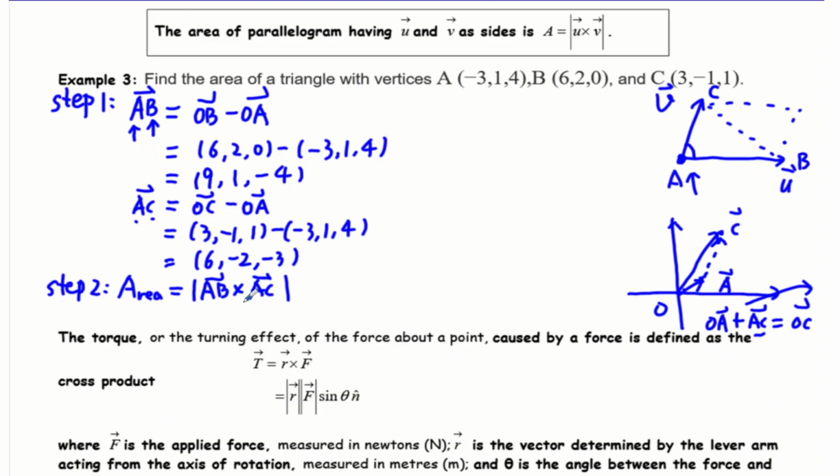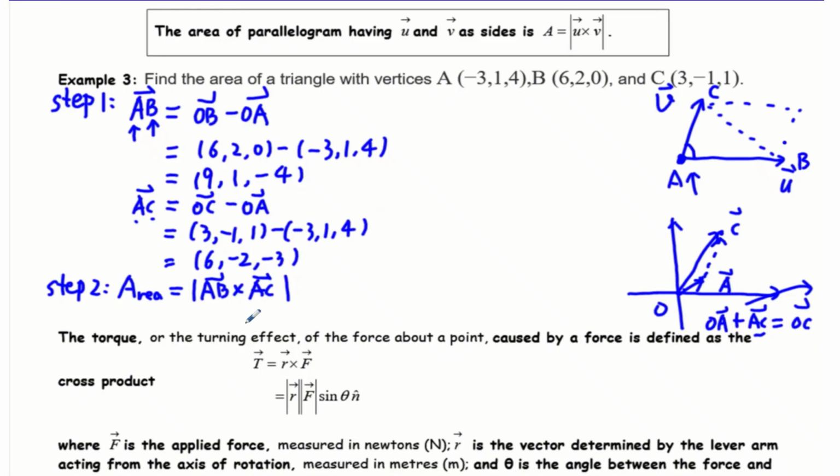Otherwise, if you switch the two vectors, the direction will switch. If you wrap your fingers from AC to AB, then your thumb will point inside the page. If from AB to AC you wrap your fingers, your thumb will be pointing outside of the page.